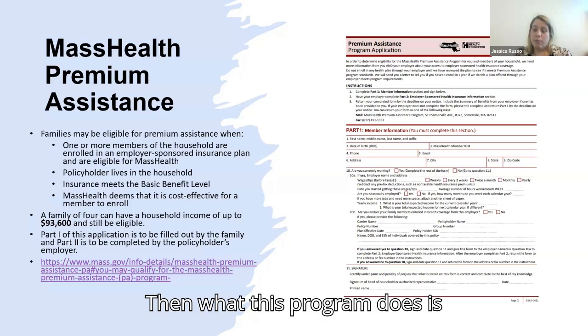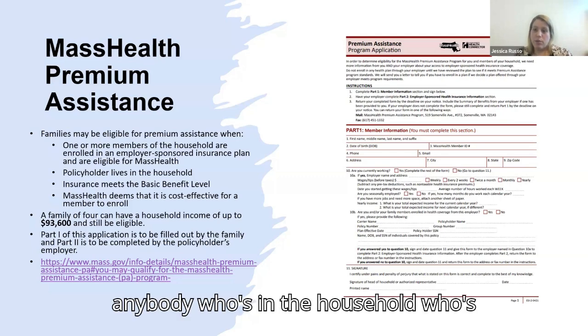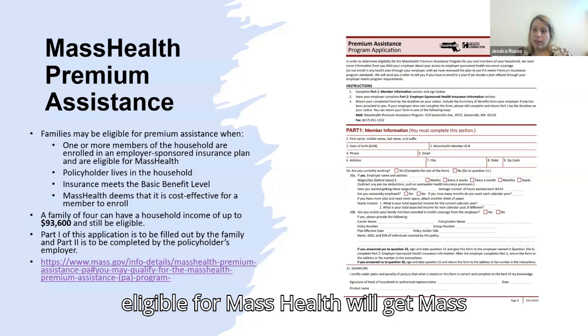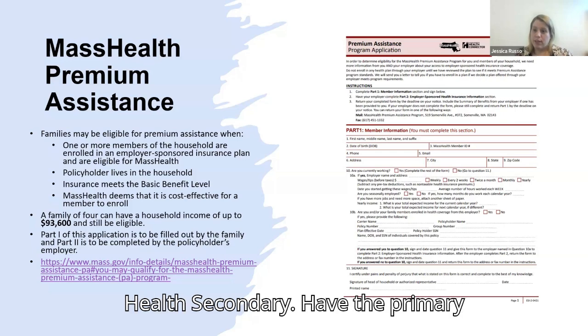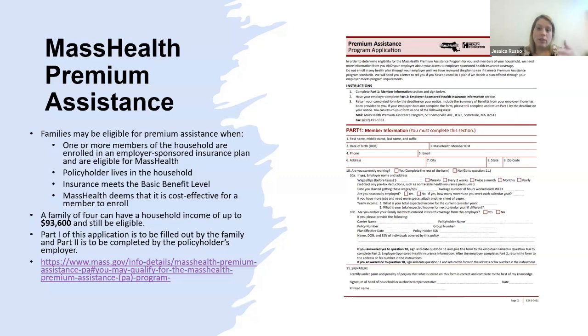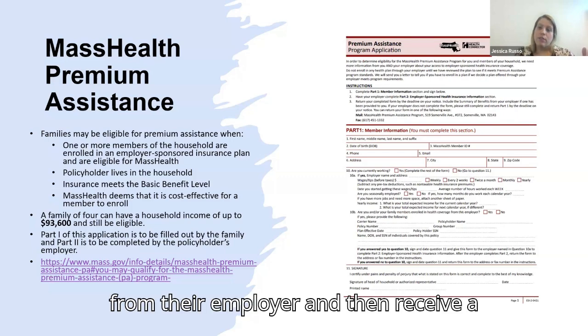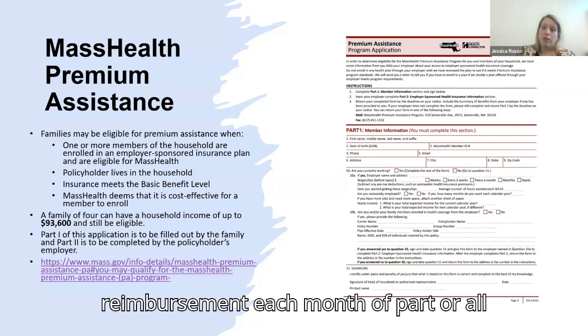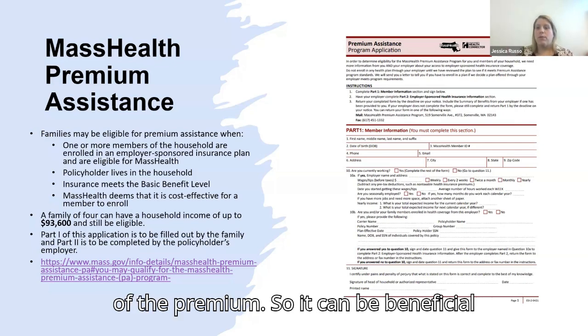Then what this program does is anybody who's in the household who's eligible for MassHealth will get MassHealth secondary, have the primary insurance that the policyholder has from their employer, and then receive a reimbursement each month of part or all of the premium.